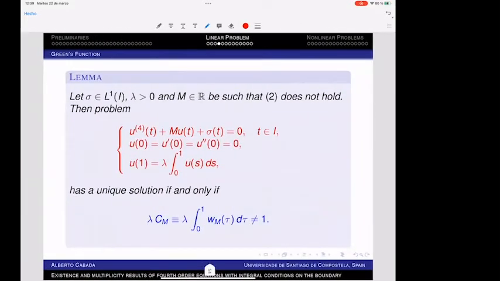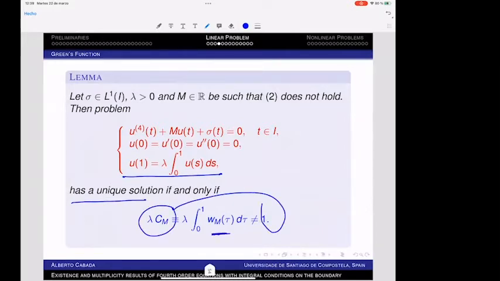And so with these technical properties, we prove that this problem, this is the general problem, sorry, has a unique solution. Cn is just the integral of Wn.